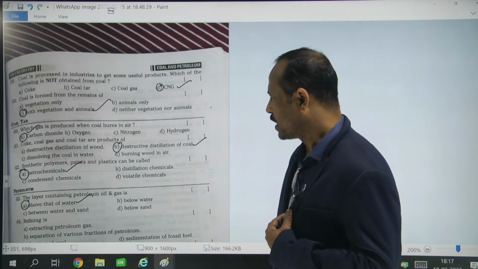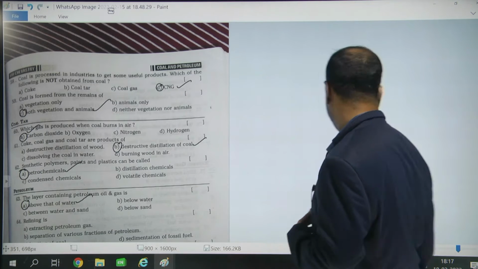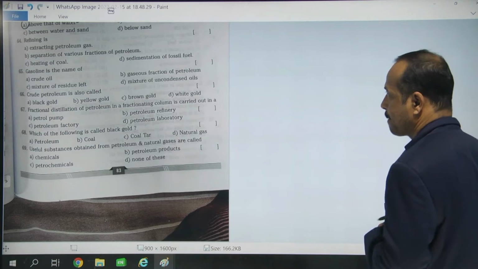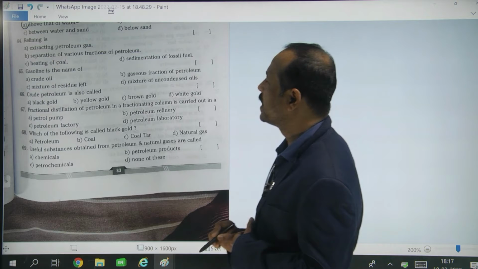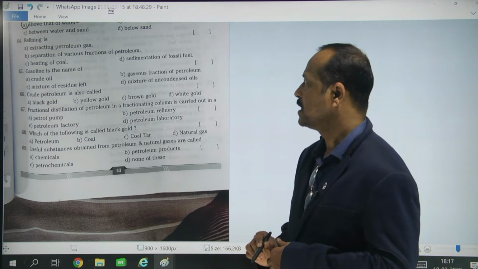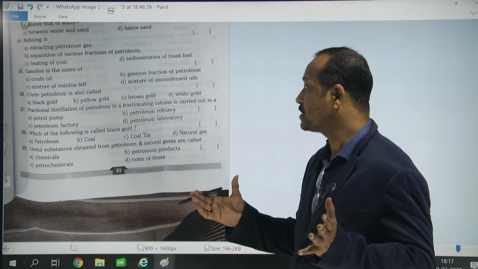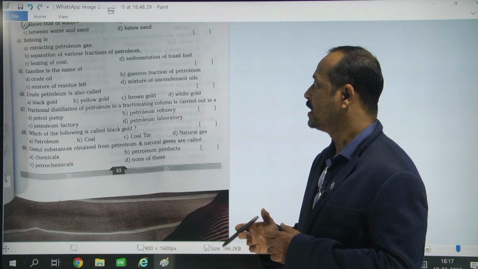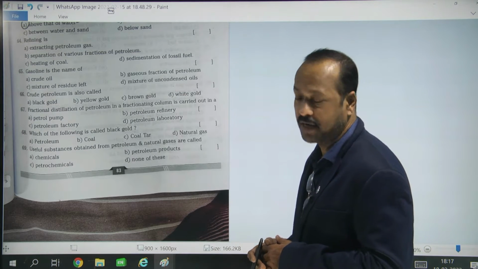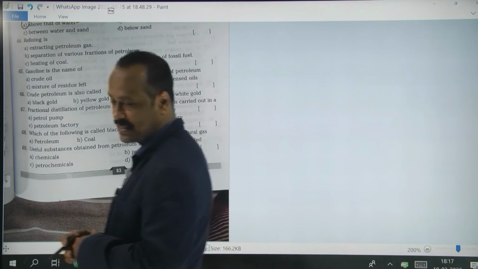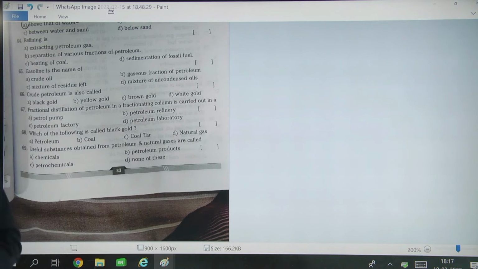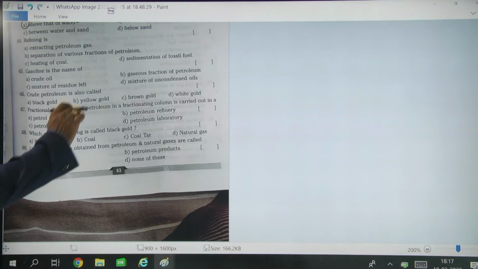Right. Refining. What is meant by refining? Refining is extracting petroleum gas, separation of various fractions of petroleum, heating of coal, sedimentation of fossil fuels. What is the right answer here? Various fractions of petroleum. Very good.